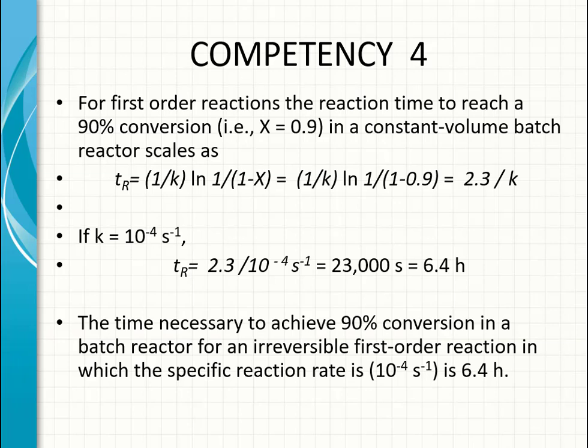If we put k as 10 to the minus 4 seconds to the minus 1, tR is going to be 6.4 hours. This is the time necessary to achieve 90% conversion in a batch reactor for an irreversible first-order reaction in which the specific reaction rate is 10 to the minus 4 seconds to the minus 1.